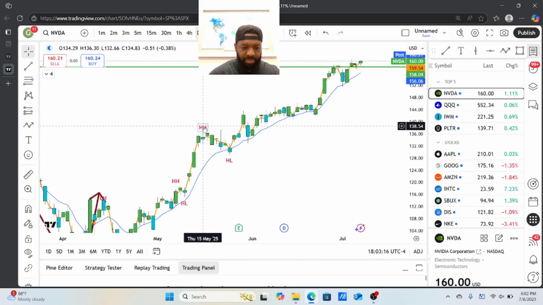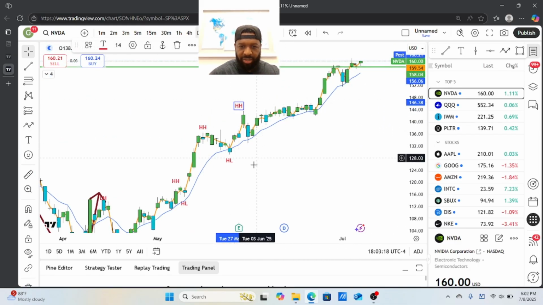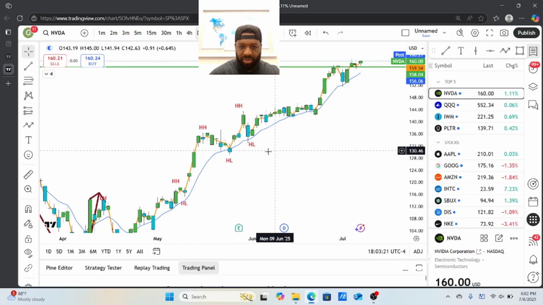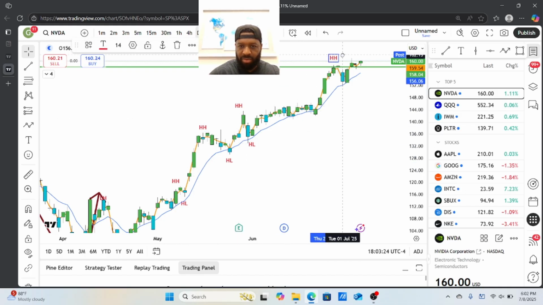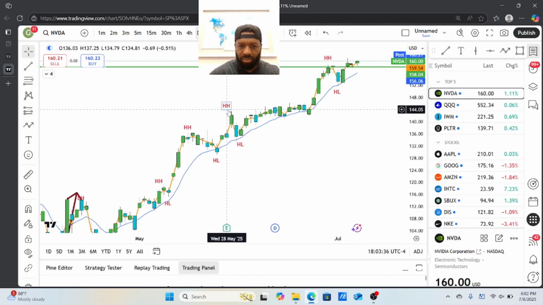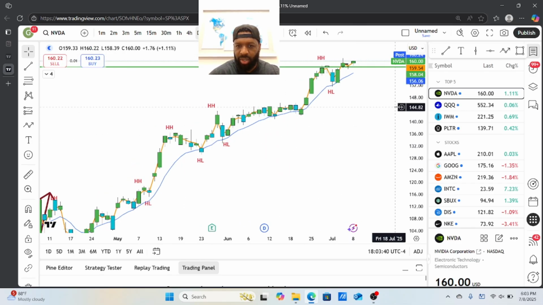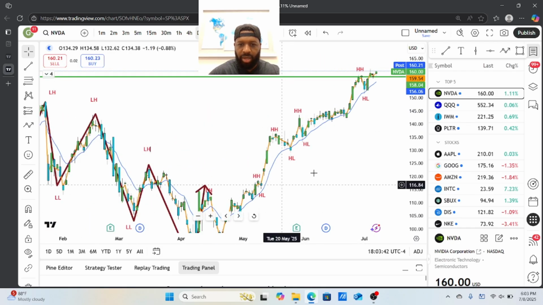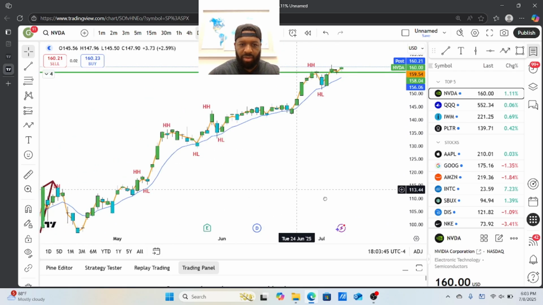And then as we continue up, price continues to create these higher highs and higher lows. Higher high, higher low, that type of deal. So what you have there is an uptrend.